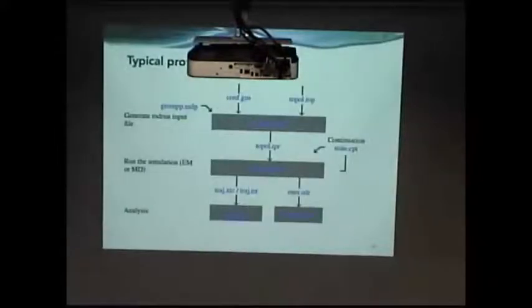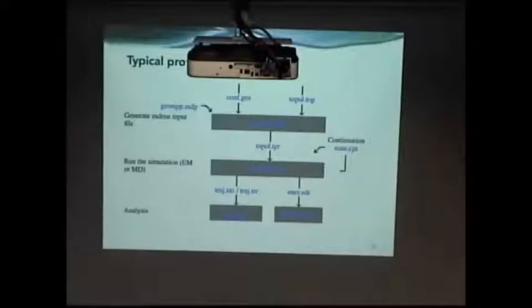Then you have these three files. These two, the grompp preprocessor, will check the consistency of these files. If it's okay, it will generate for you a TPR file. A TPR file is a binary file which has all the information you need for the simulation.